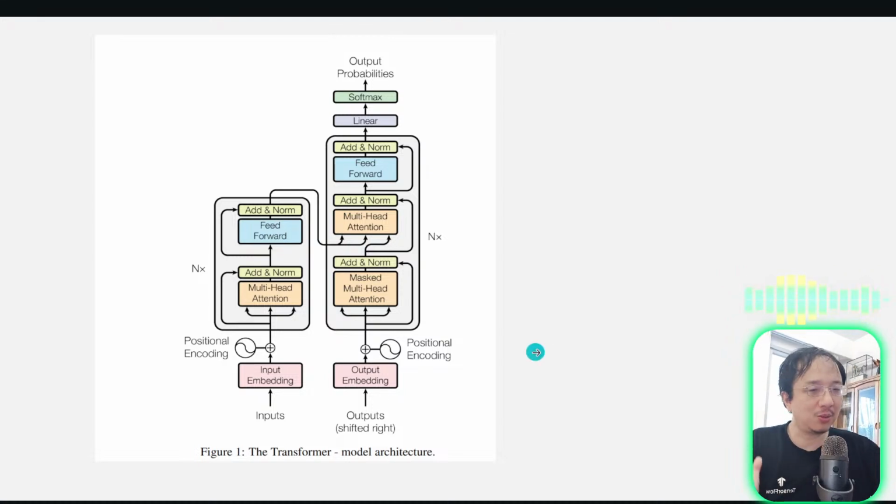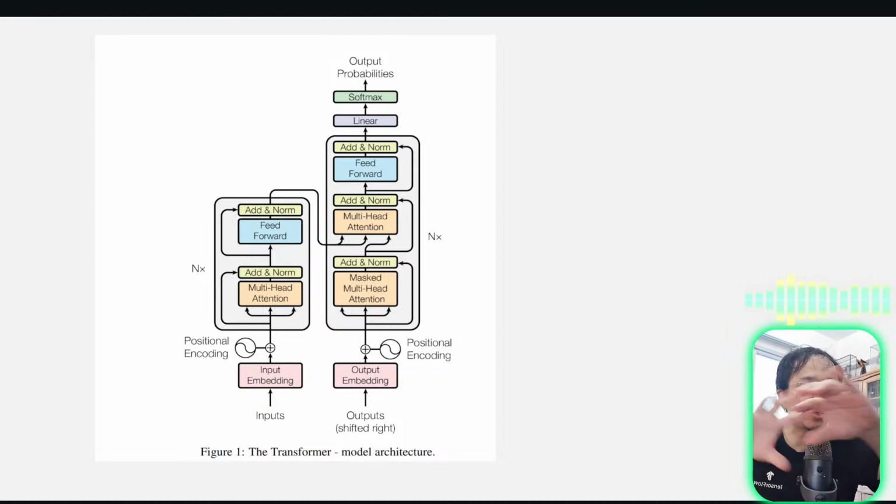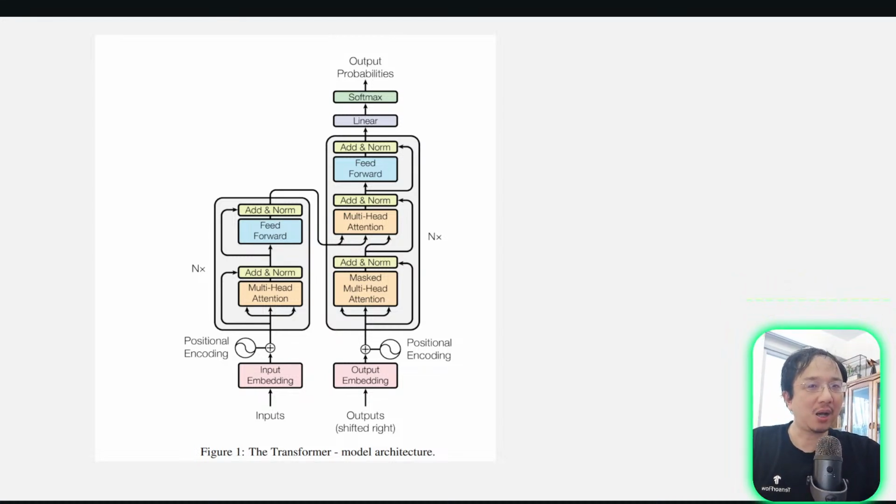Although you can imagine running some energy-based models where we adjust all the tokens in a sentence at once and try to minimize the energy to find the best sentence, not just generating one by one.